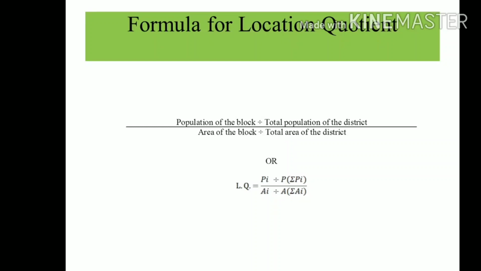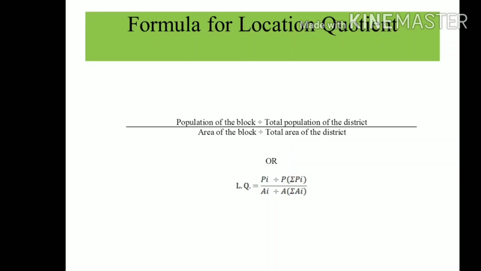Remember one thing, when you write down the formula for location quotient, you have to write the specific variables that are given in the question. Here I am using population and area, which are given in my question. Another thing is that among the two variables, you have to decide which characteristic is to be studied. Based on this, one variable is placed in the numerator of the ratio and the other as denominator. Here I have to study the relative concentration of population, therefore I have placed the population variable as the numerator.